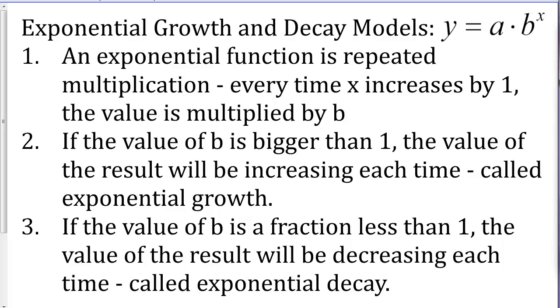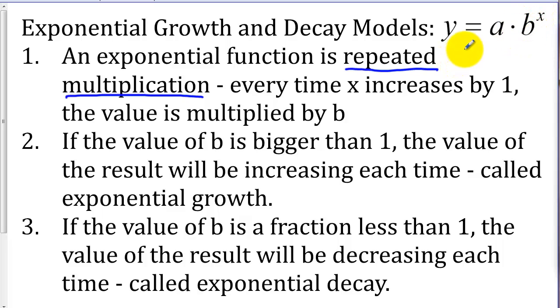If we look at a problem, the way that we know that something is going to be an exponential function is that as x or time progresses, the value of something is being repeatedly multiplied. We're going to be using this general model for our exponential function. We have a constant or coefficient called a, and then some number raised to the x power.